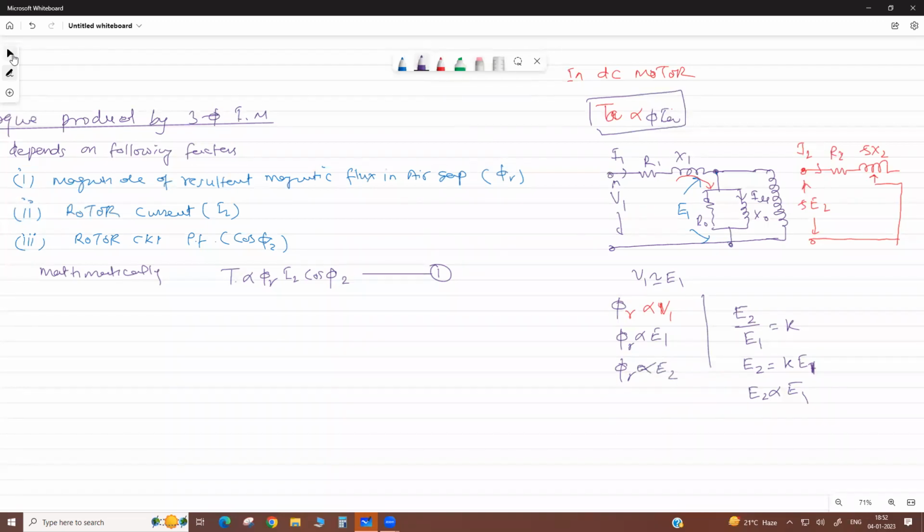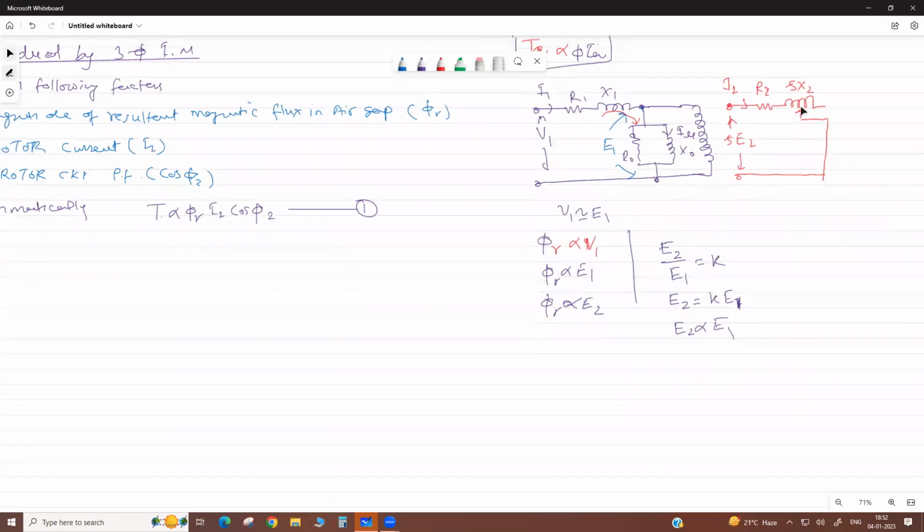Now please refer to this rotor circuit. If we calculate the rotor impedance, it is a series resistance-reactance circuit. So it is the square root of R2 squared plus X2 squared.